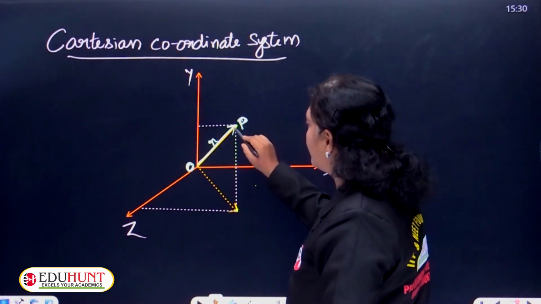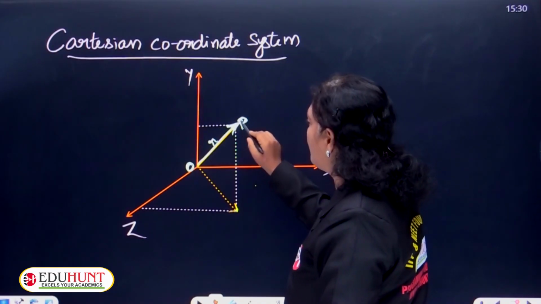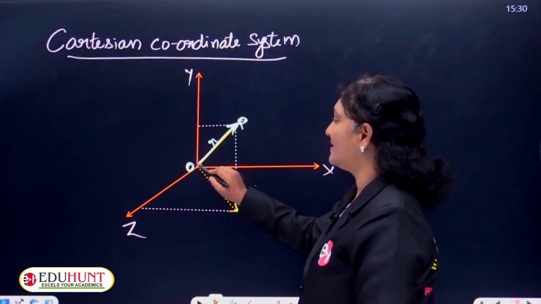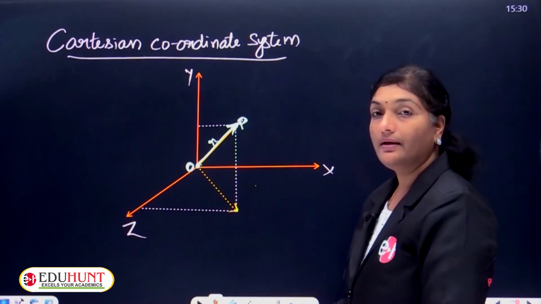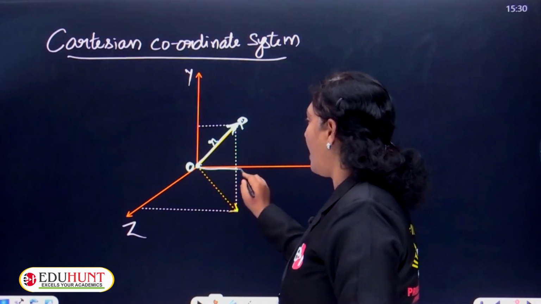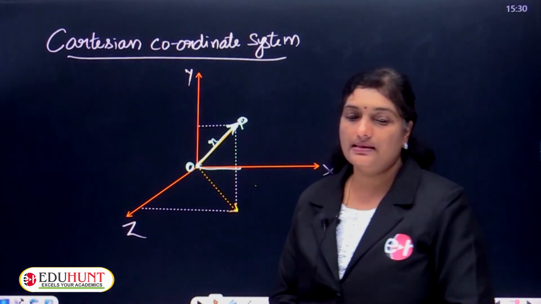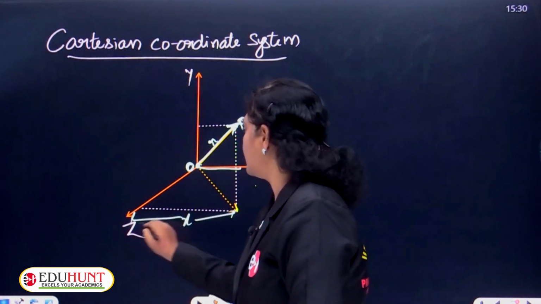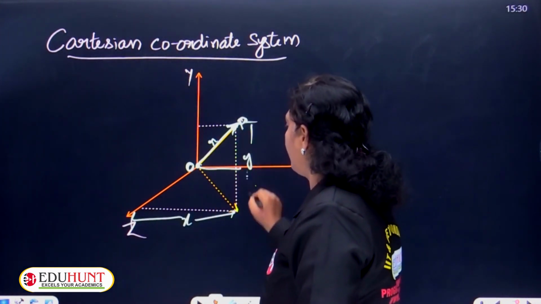In order to observe the motion of this particle with respect to an observer who is at O, one has to identify how far it is from the x-axis, how far it is from the y-axis.